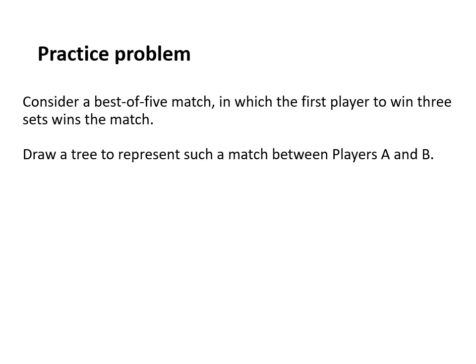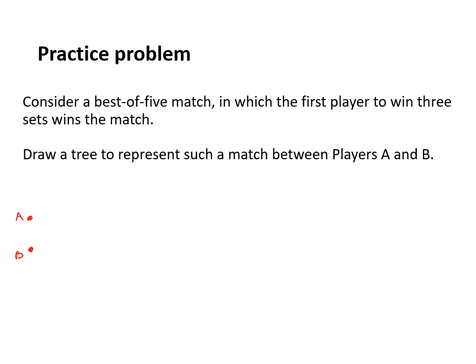Okay, so let's do this practice problem. Consider a best of 5 match in which the first player to win 3 sets wins the match. We have to draw a tree to represent such a match between players A and B. First we're going to draw the first match. It can be won either by A or B. So let's say this is A wins first match, this is B wins first match.